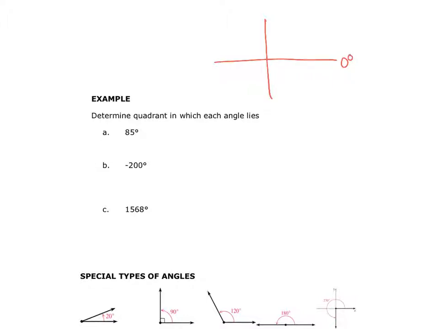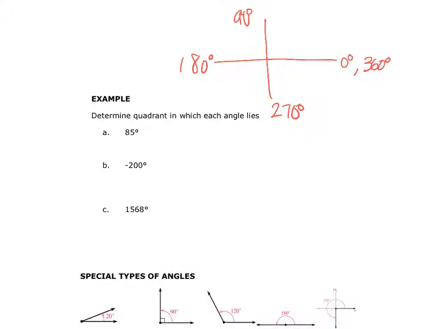It also represents 360 degrees because you have done a full rotation. Straight up is 90 degrees. To the left, or the negative x-axis, is 180 degrees. Straight down is 270 degrees, or the negative y.